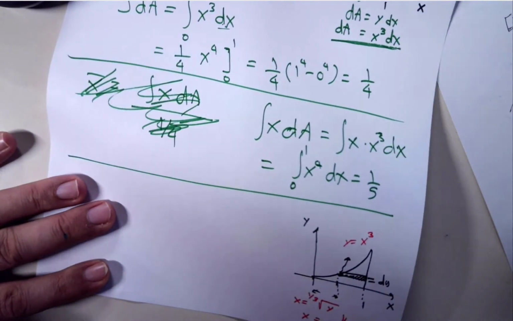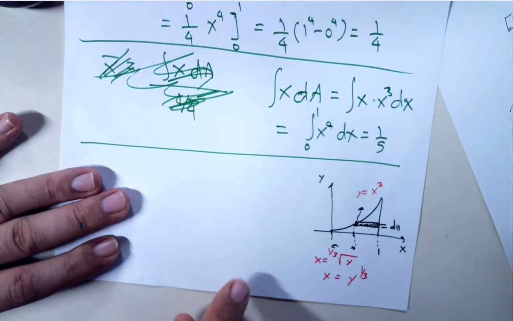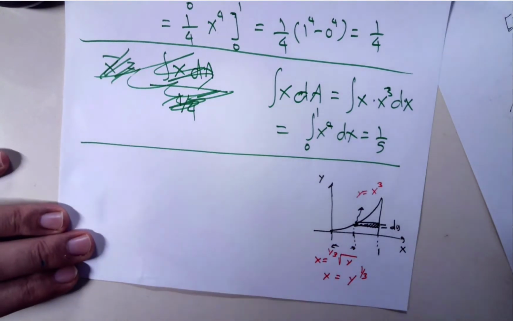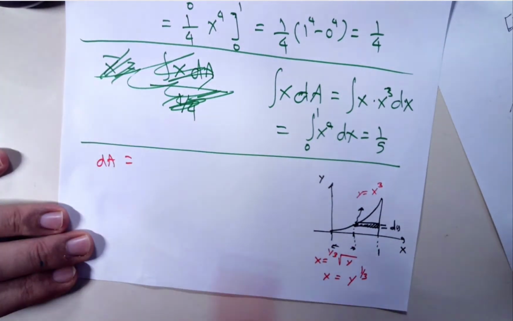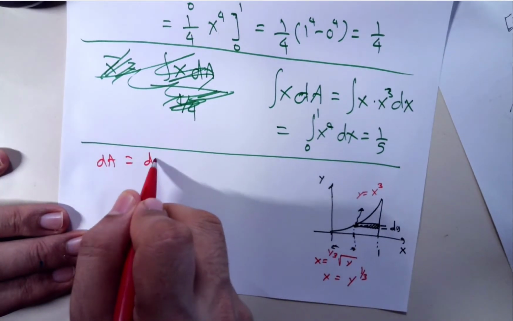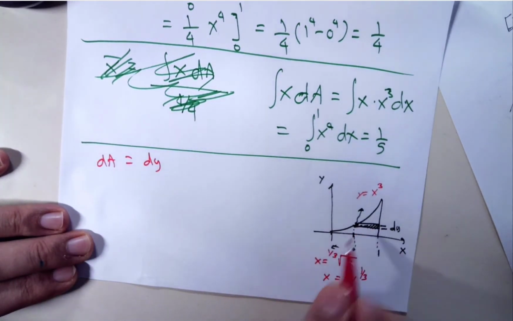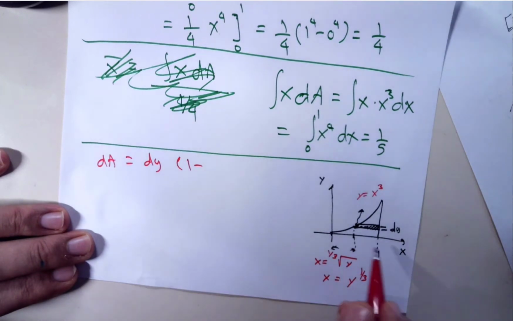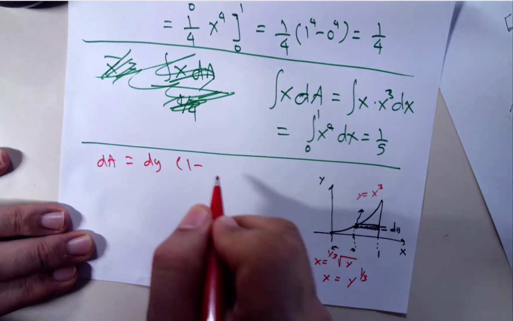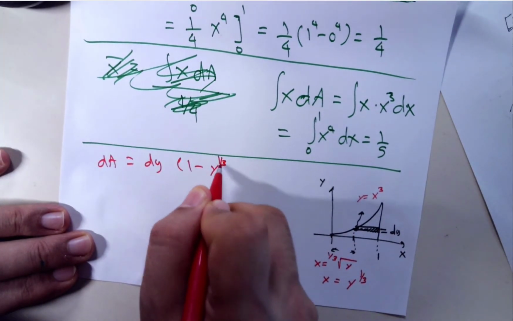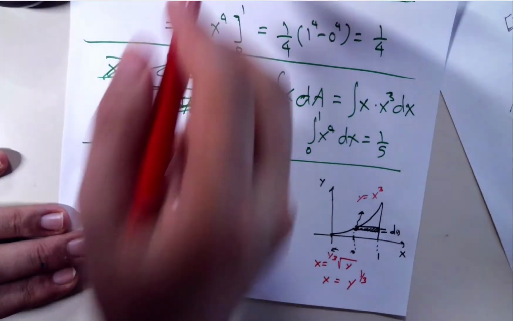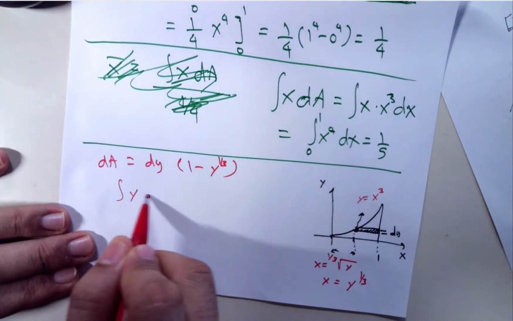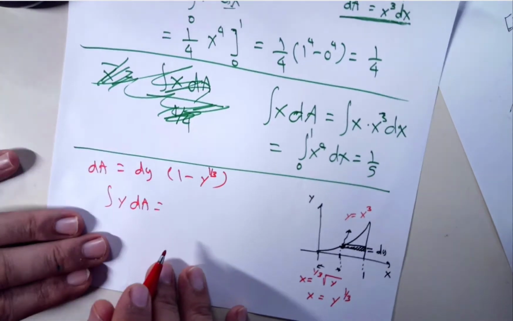Now why am I doing that? Because I want to calculate the dA. So in this sense, dA is equal to dy multiplied by this width. This width is 1 minus y to the 1/3, right?